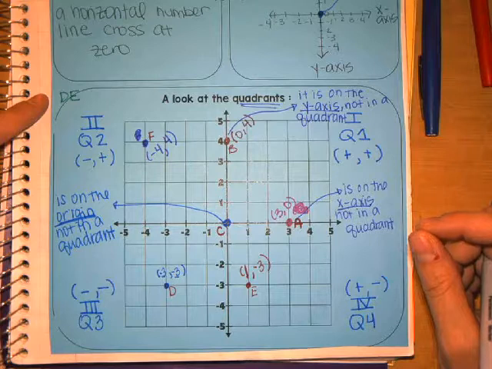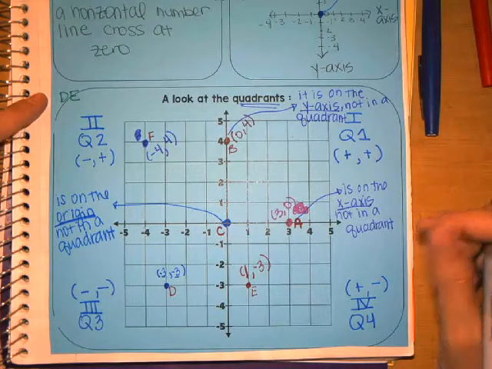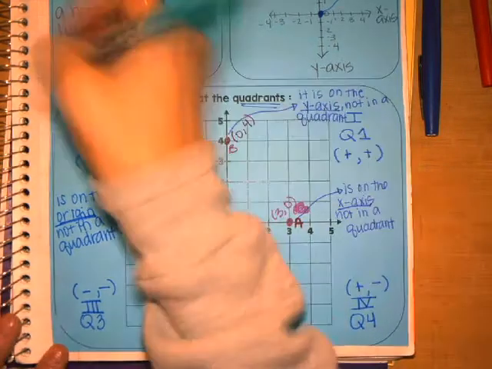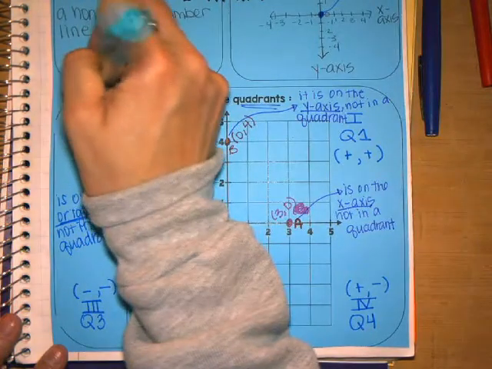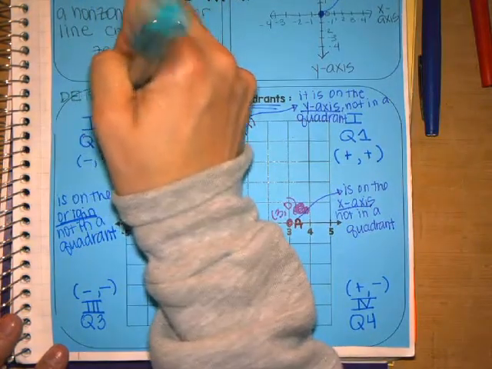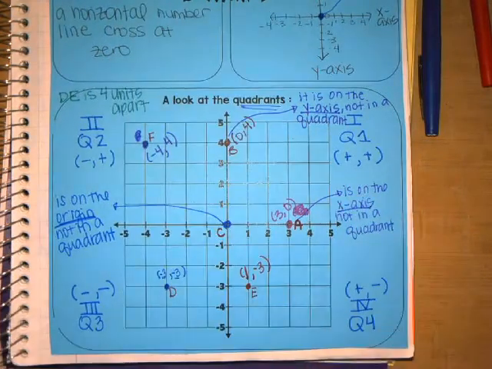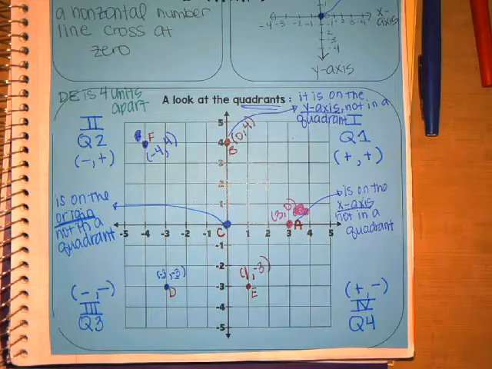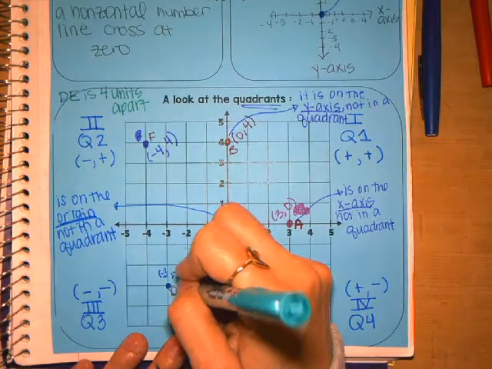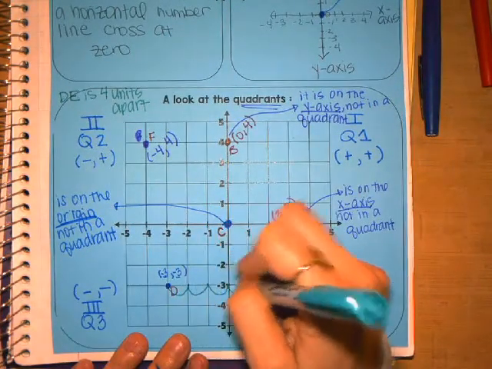How many spaces apart are they, you guys? 4. So you would tell me DE is 4 units apart. It's literally just counting those spaces. You can do it without a coordinate plane, but the coordinate plane makes it a lot easier to count, right guys? Because I have 1, 2, 3, 4.